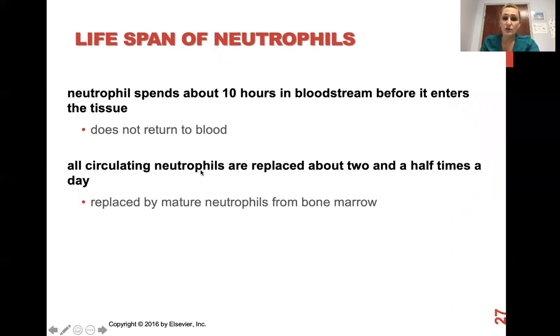All circulating neutrophils have to be replaced about 2.5 times every single day, and they're replaced by more mature neutrophils directly from the bone marrow. Kind of think of this army soldier as patrolling the tissues. This one goes through the tissues, hangs out where there's constant threat of microinvaders or where there's regular bacteria, in places like the lungs and the GI tract where there's always bacteria there and they've got to keep it in check.